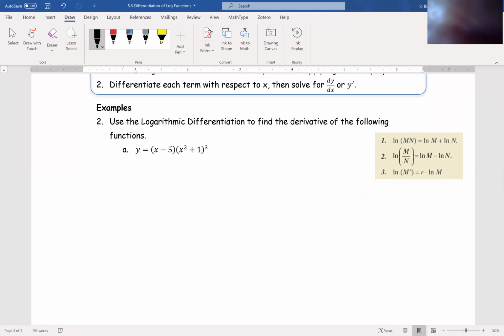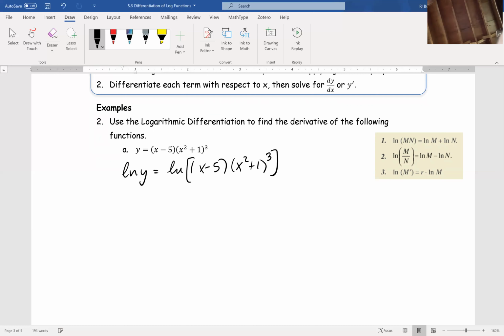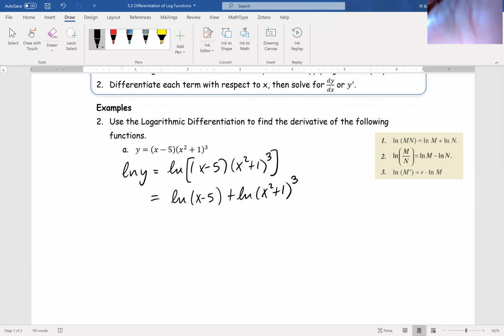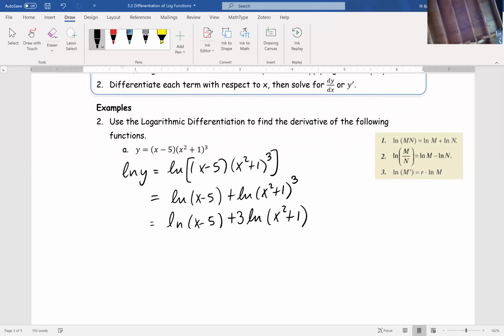Well, if I start the problem by taking the natural log of both sides, then I can separate these two. And then I can even take that 3 down in front of that second log. And this is really the power of using logs for differentiation.